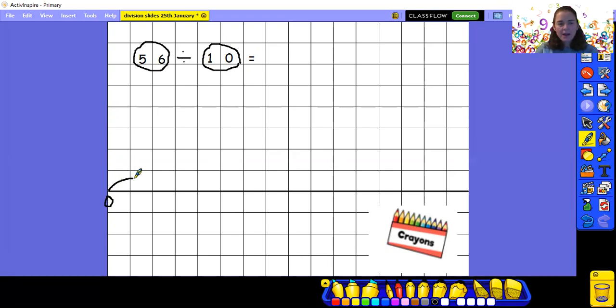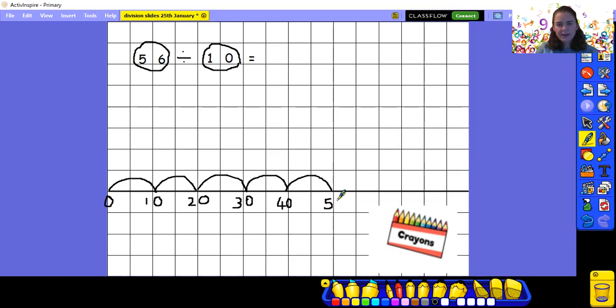So one lot of 10 is 10. 2 lots of 10, 20. 3 lots of 10, 30. 4 lots of 10, 40. 5 lots of 10 is 50.